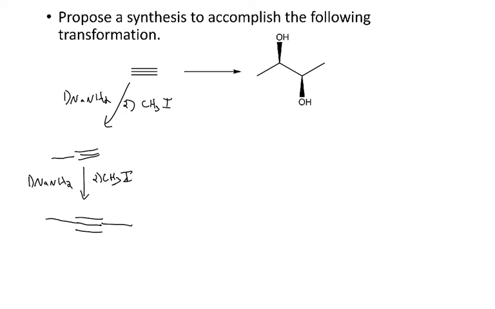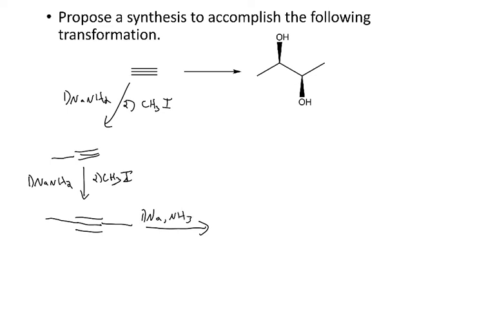If I do that again, I can add a methyl group to the other side. And I think there are a couple ways I can go from here. This looks like it probably started with the trans alkene, although I think there's a way we could do it with the cis. So if I want to convert the alkyne into the trans alkene, I'm going to want to use dissolved metal reduction. And so for that, we use sodium dissolved in ammonia.